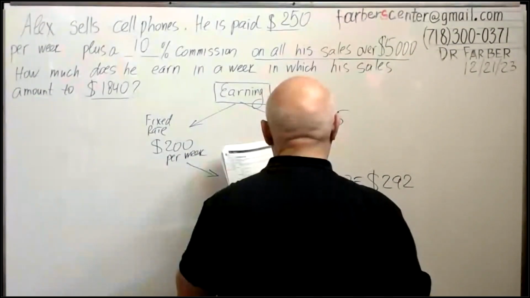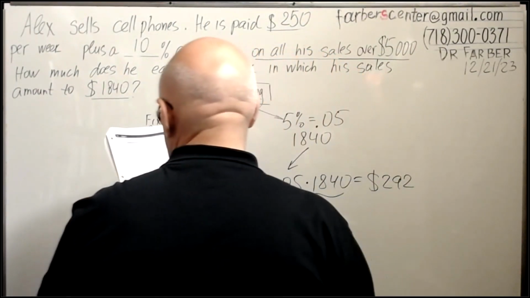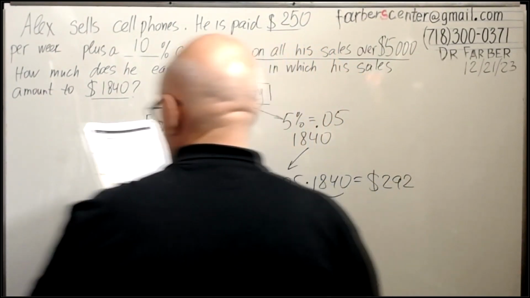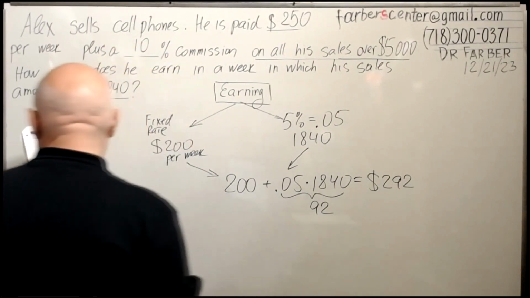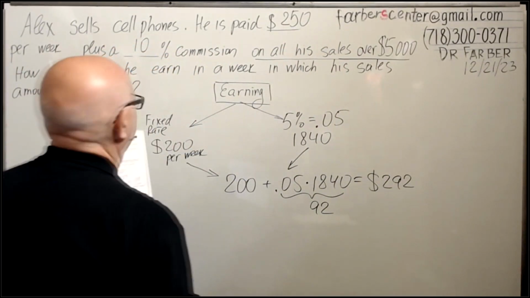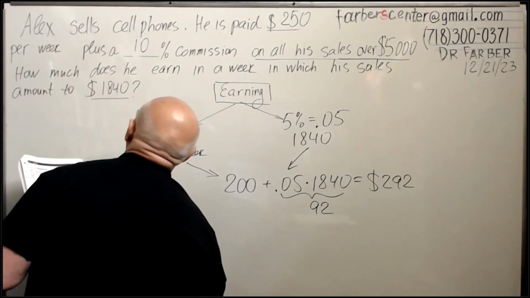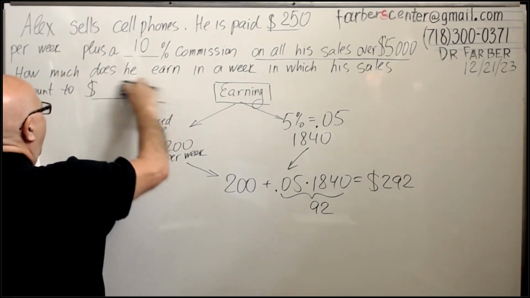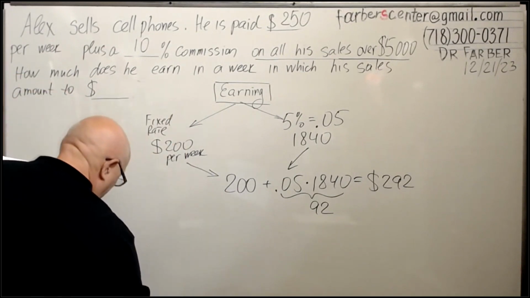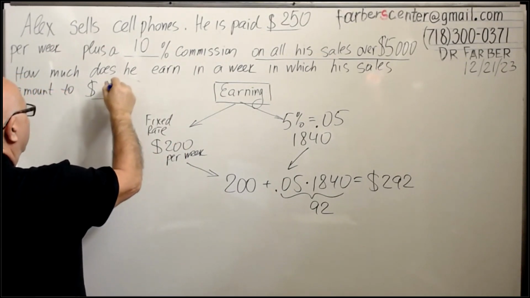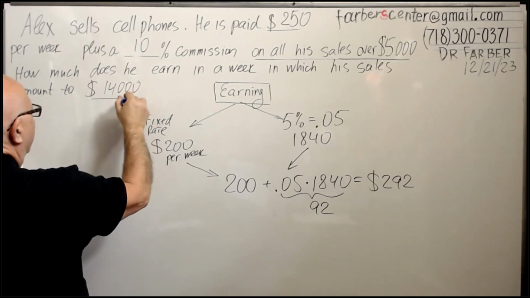This is the second model for commission. In one week, his sale is 14,000. So I changed the problem.